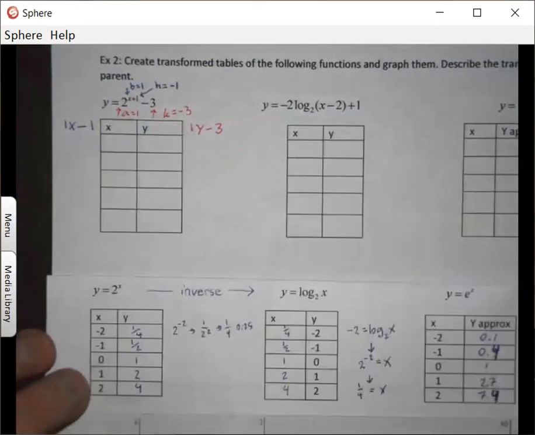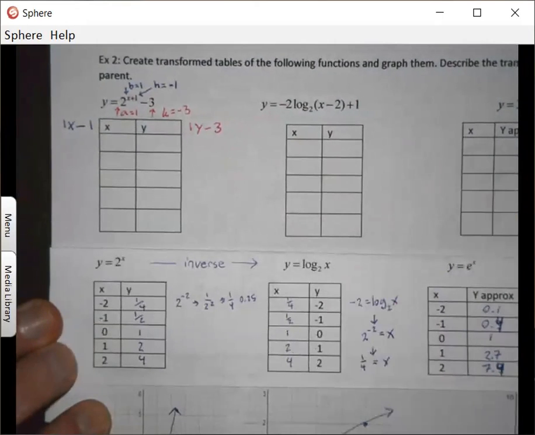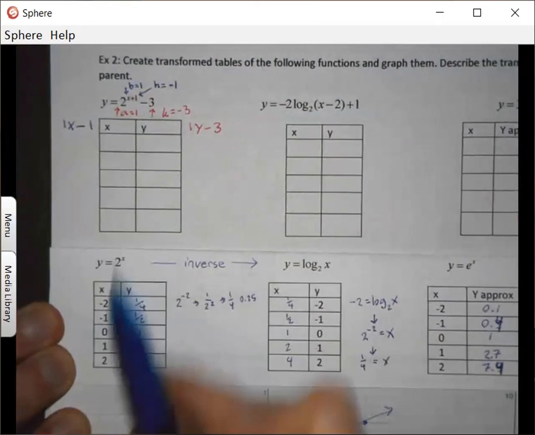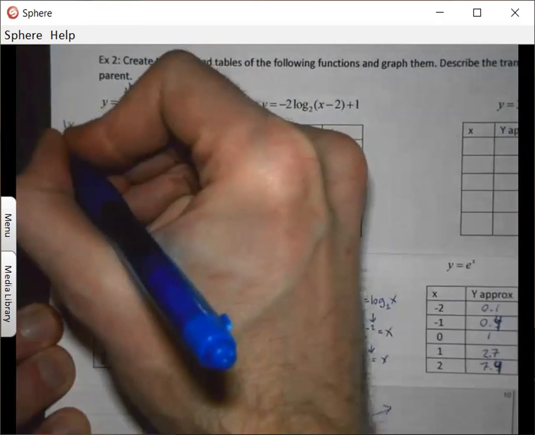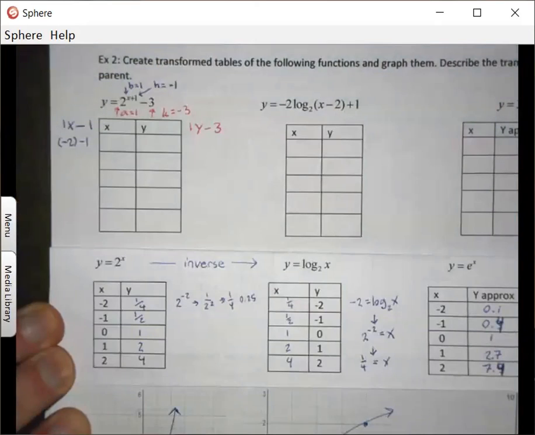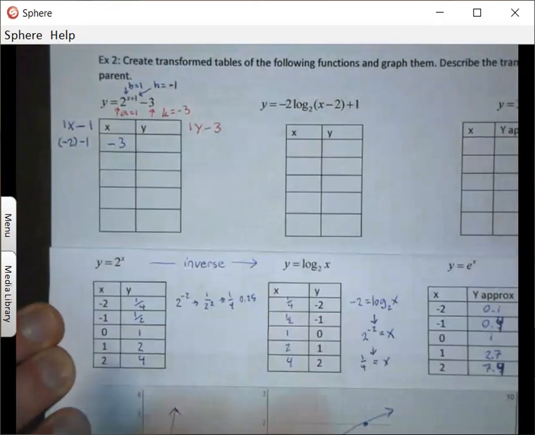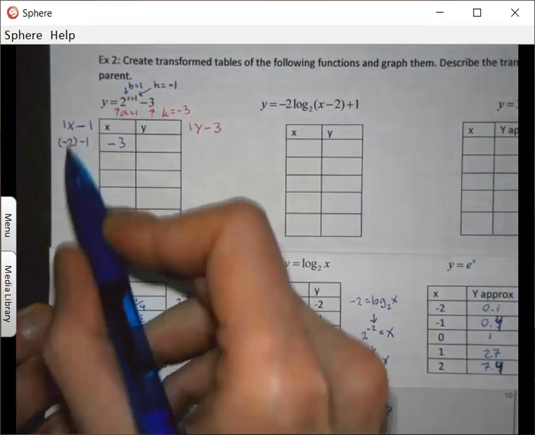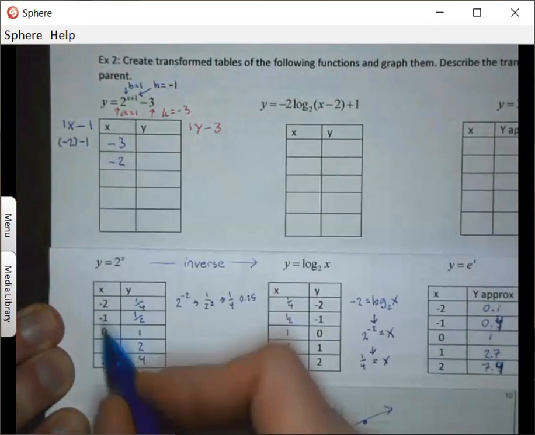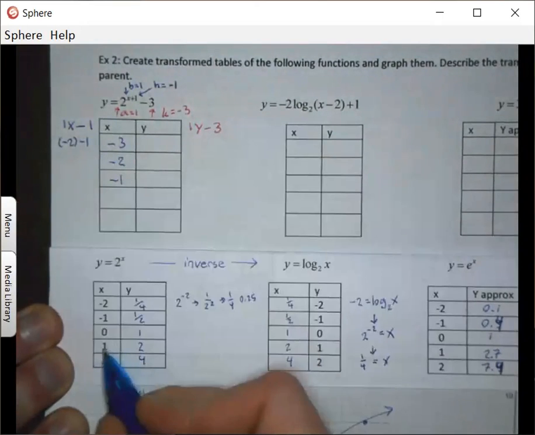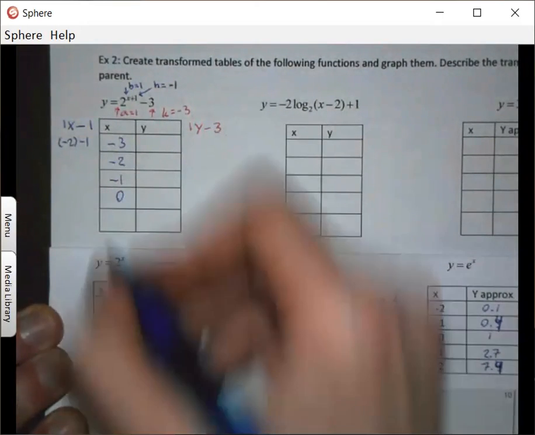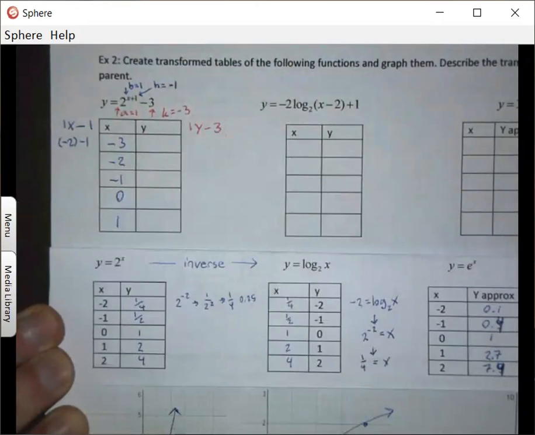And then using the parent function from before, we'll plug in our values. So minus 2 minus 1, and then minus 1 minus 1, 0 minus 1, 1 minus 1, and 2 minus 1. And then same thing for our y values.